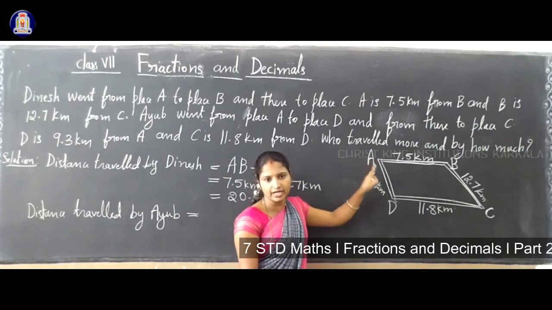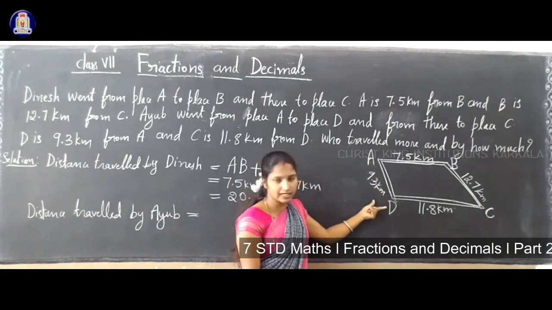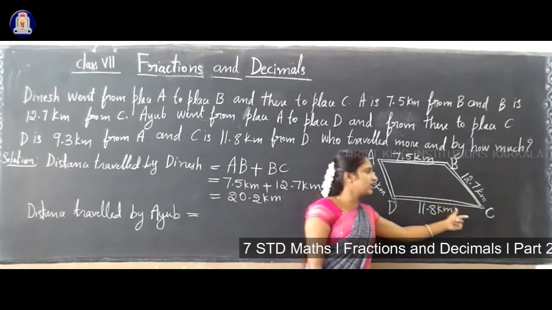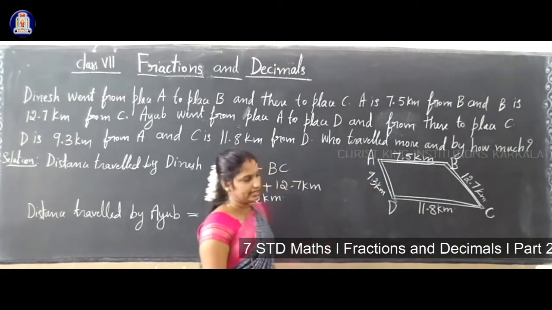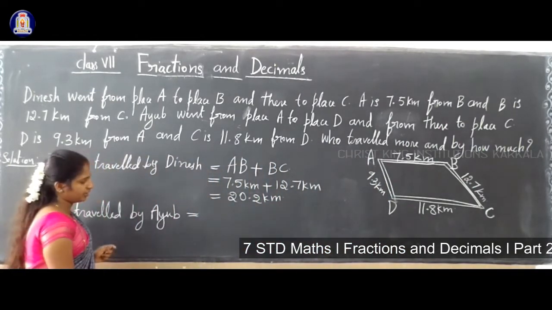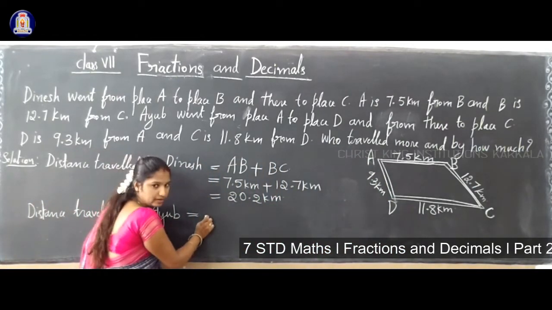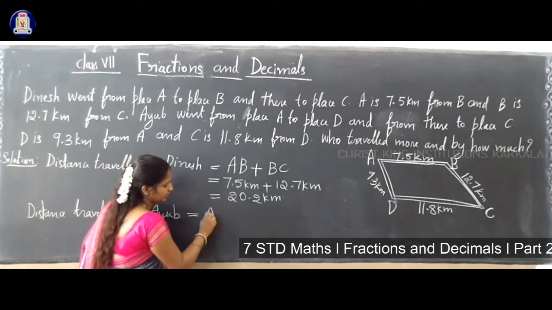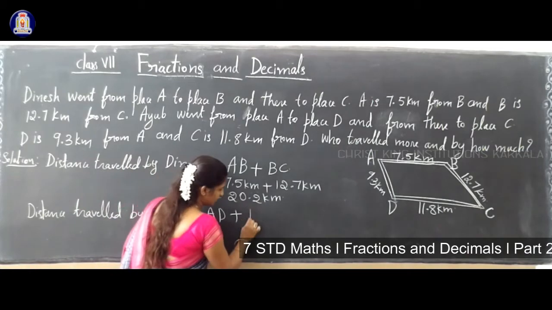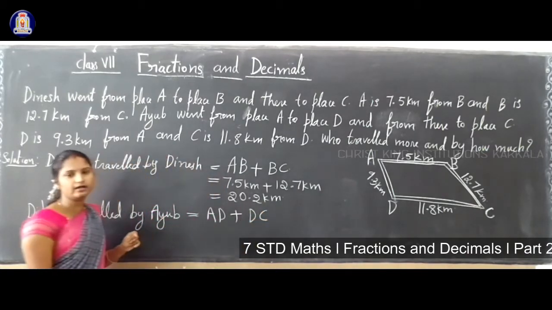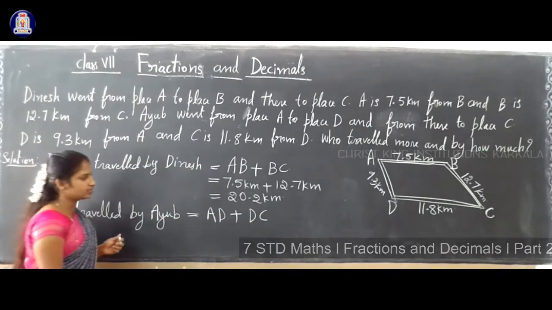He traveled from A to D, that is 9.3 kilometer. Similarly D to C, he traveled 11.8 kilometer. So now write the distance traveled by Ayub. A to D plus D to C. Clear?